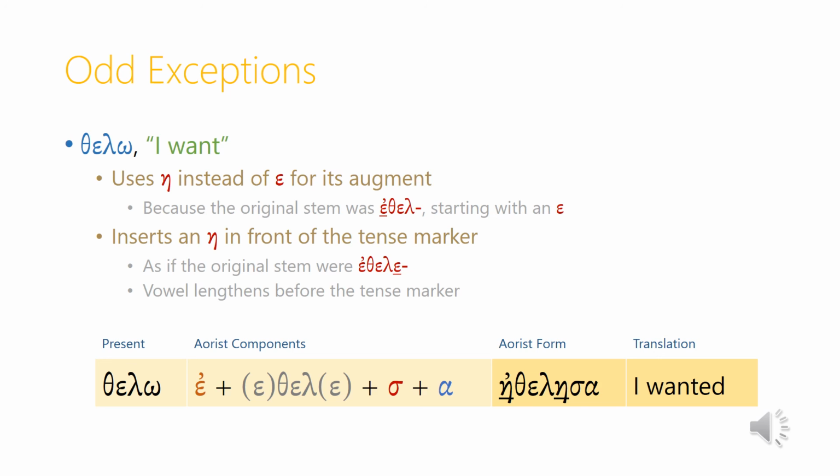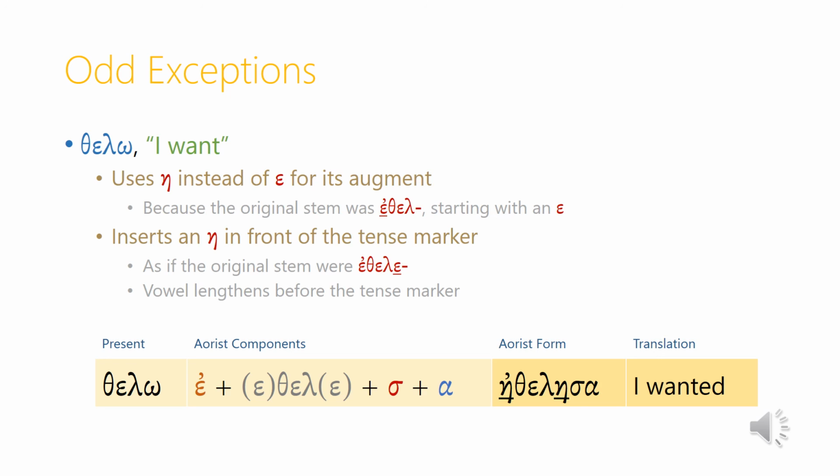This is because the original stem wasn't thel, the way it appears in thelo, it was ethel, with an epsilon at the beginning of the stem. And so originally ethelo meant I want. Then naturally, if you add an epsilon augment at the beginning, since there's already an epsilon there on the stem, the two epsilons fuse and form an eta at the beginning of the verb.